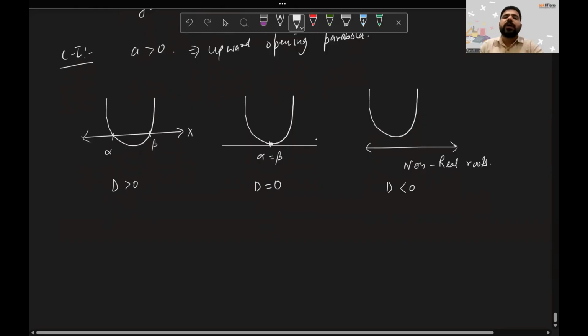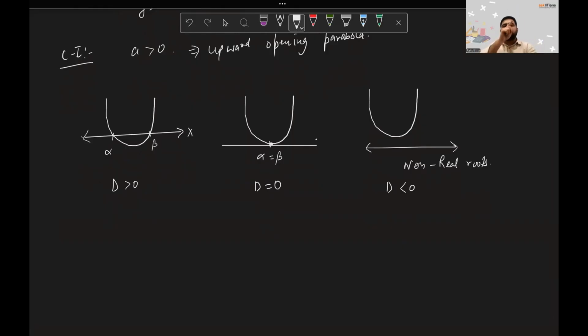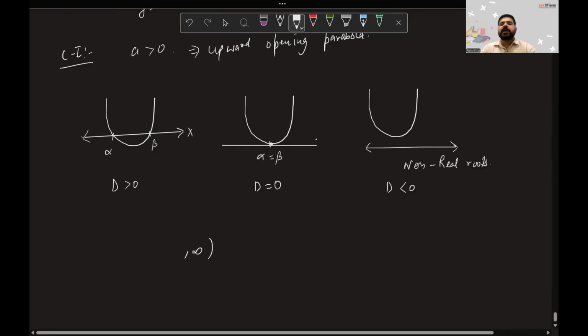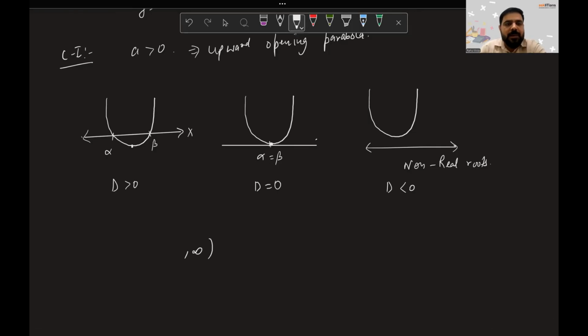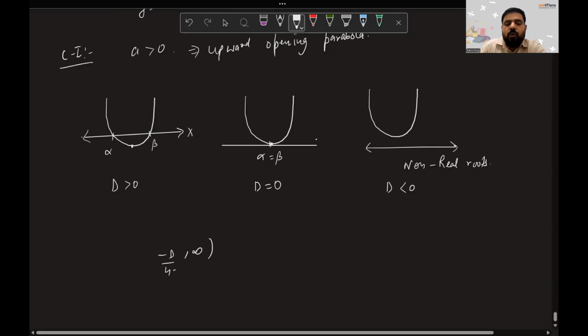Now we have to find their range. We can see the graph will keep going infinitely, meaning the upper value is going to be infinite in all the cases. And if you find the vertex of this parabola, the y coordinate, which is going to be minus D over 4a, then minus D over 4a to infinity will be your range.